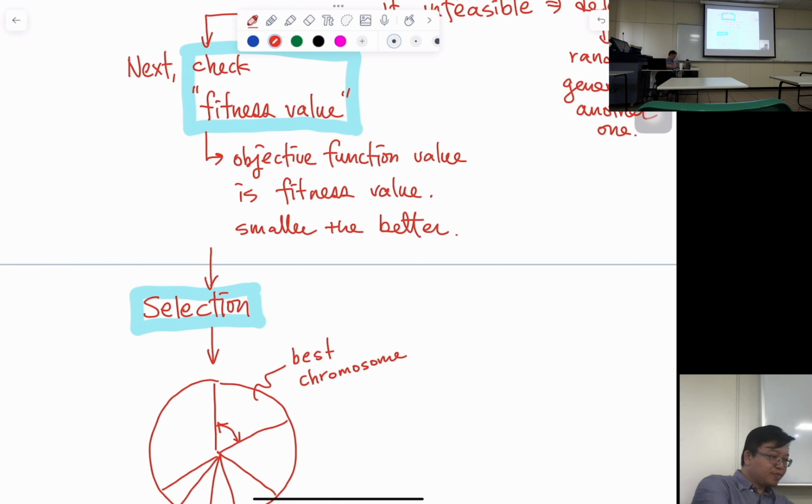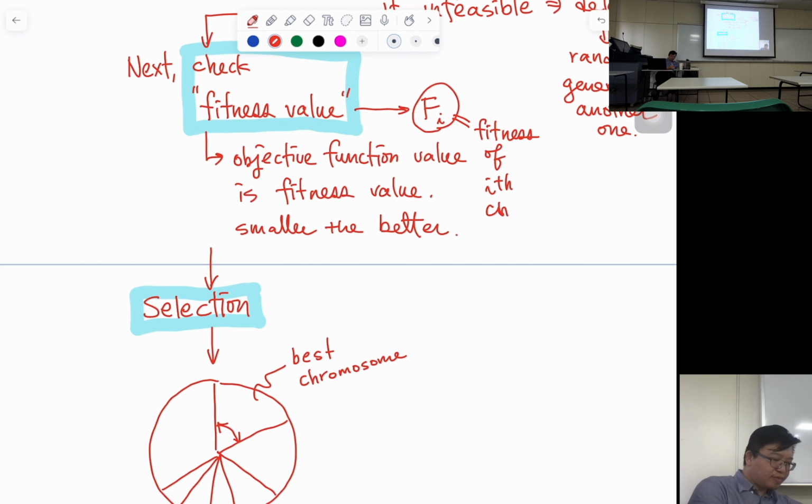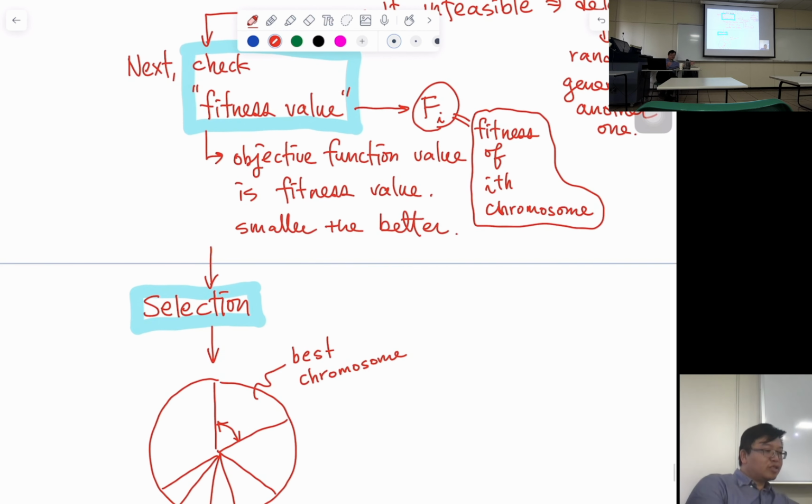If I give the fitness value a name, for example, I don't want to use F anymore, I use capital F. So capital Fi represents the fitness of the ith chromosome, okay. So after evaluation, I will have a mean, the best one and the worst one, right?